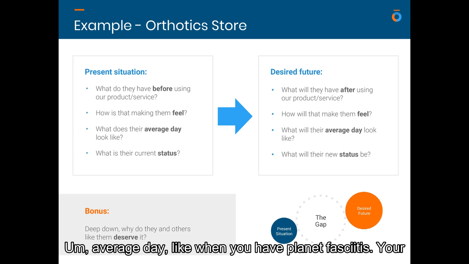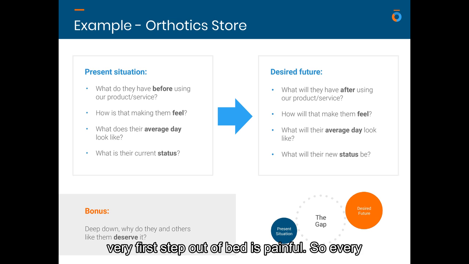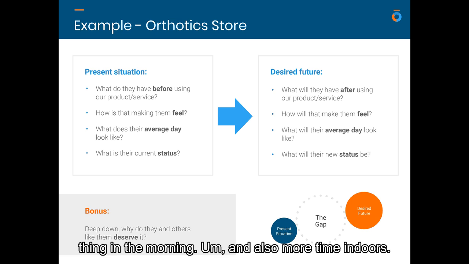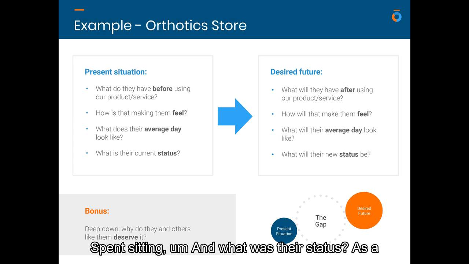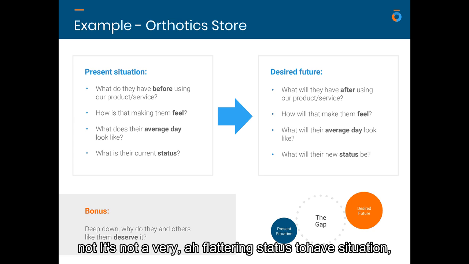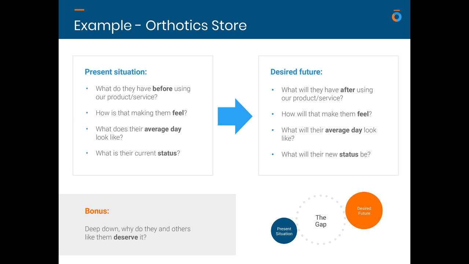Average day, like when you have plantar fasciitis, your very first step out of bed is painful. So every single day, you start with excruciating pain first thing in the morning, and also more time indoors spent sitting. And what was their status as a result? Aging, injured adult. It's not a very flattering status to have and situation.